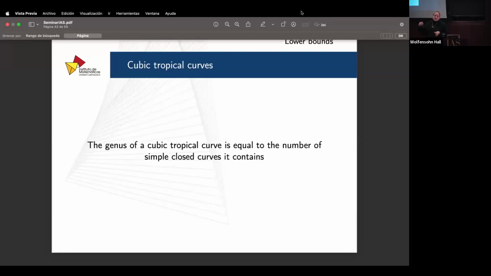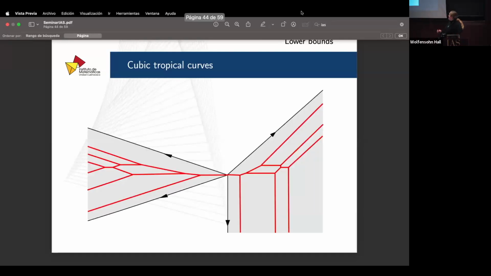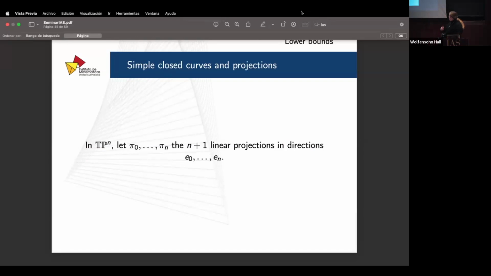But here we are projecting in non-linear directions. And this is the main point. The main point is in TP^n, we only have n+1 linear directions to project. And we're going to call these projections P0 until Pn, in directions E0 to En.